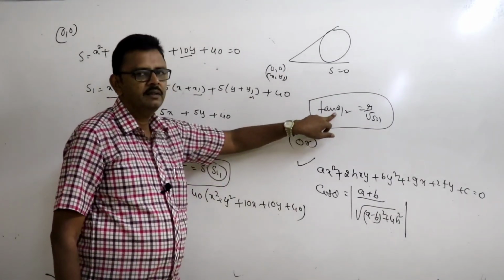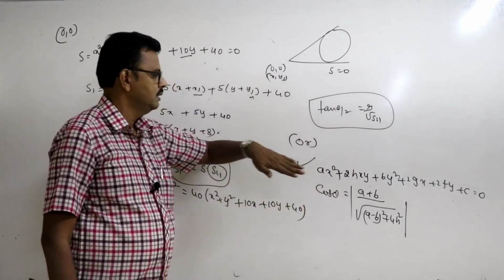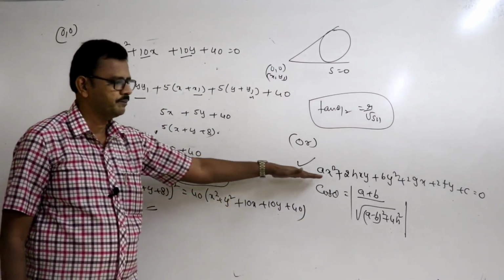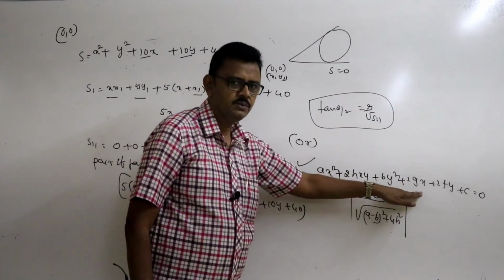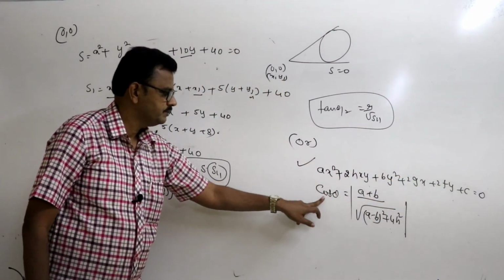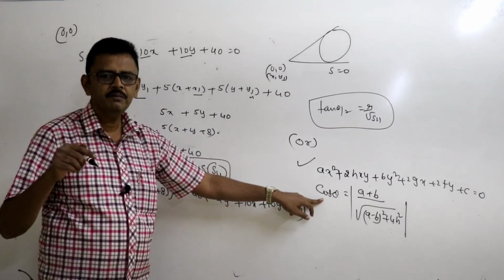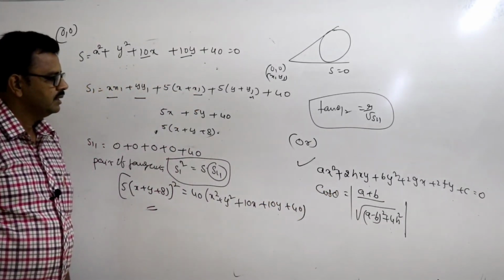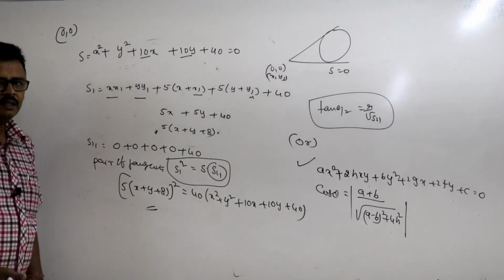One is by using tan theta by 2 equal to r by root S11. Or by expanding this, you get the form ax square plus 2hxy plus by square plus 2gx plus 2fy plus c equal to 0. From this, the angle between the pair of tangents is nothing but the angle between the pair of lines. Cos theta equal to (a plus b) by root of (a minus b) whole square plus 4h square. So you get the angle.